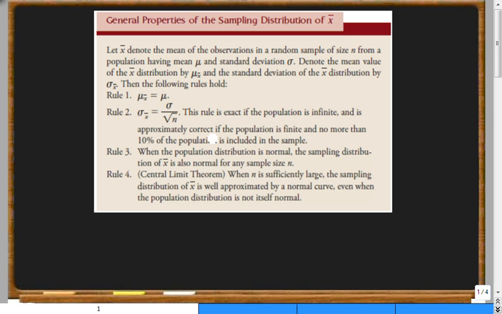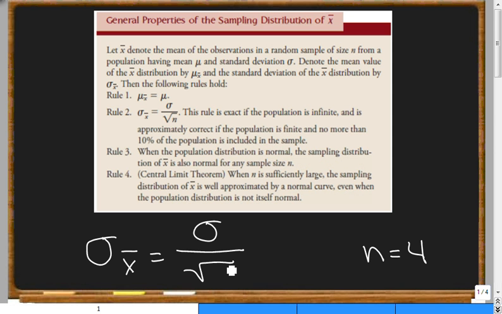The second rule says that the standard deviation of our sampling distribution is going to be our population standard deviation divided by the square root of the sample size that we used for our samples. So, for example, if n was 4, we would take our normal standard deviation and divide that by the square root of 4, which is 2.